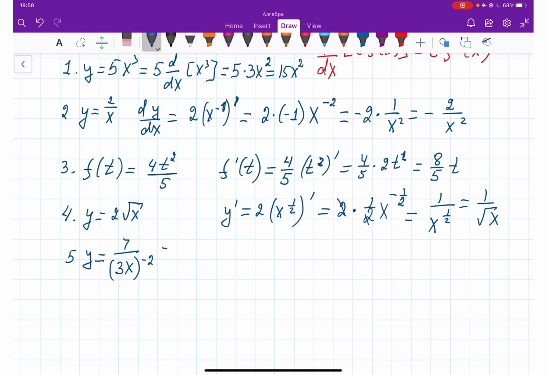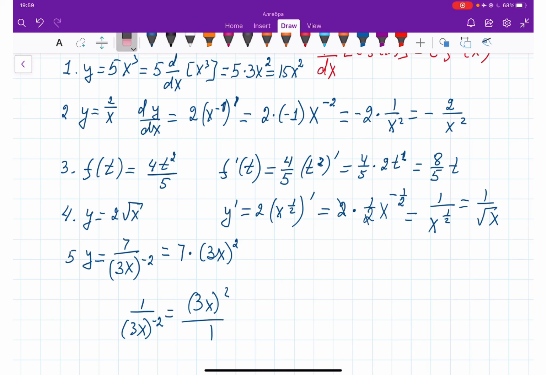I'm going to write that it is equal to 7 times 3x to the power positive 2, because we have negative, so once I flip, it will come on top. We had 1 over 3x to the power negative 2, which is equal to 3x to the power positive 2 over 1.